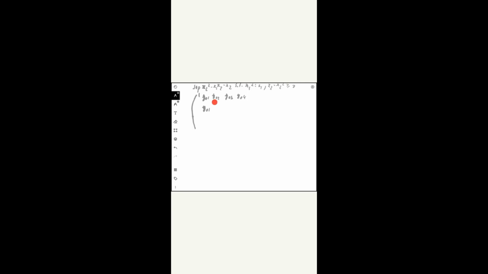Here it will be x, so here is x step. So here we have x1 squared, here we have x2 squared. x2 squared is just the last step, so it's y04.